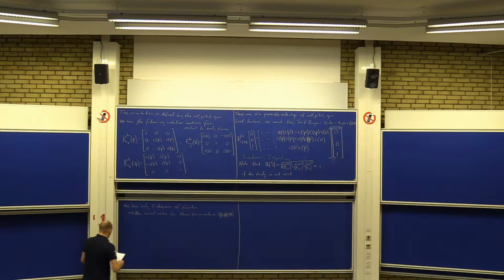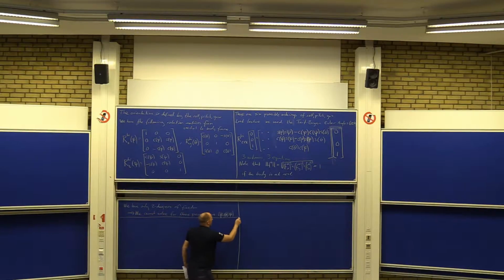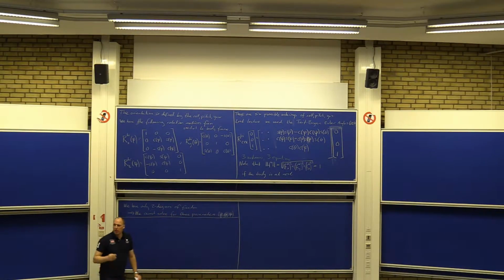But we can do something. So we mentioned that there were at least 6 different possibilities to choose the order in which we do the rotations.